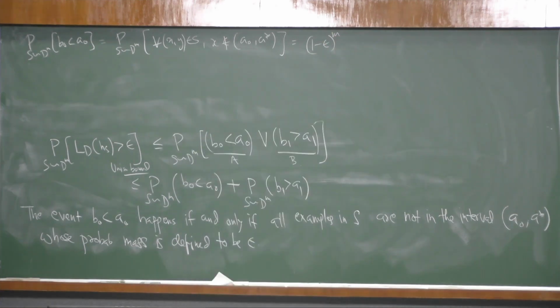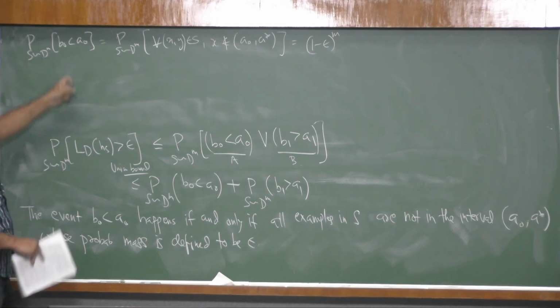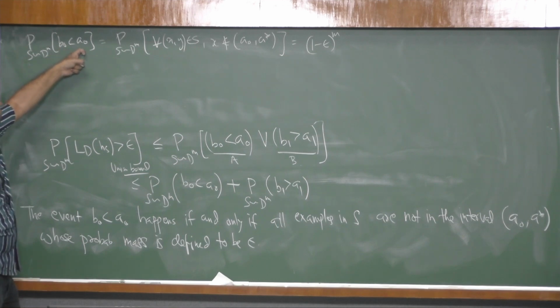Okay, so for all x, if b naught is less than a naught, then what does this mean?